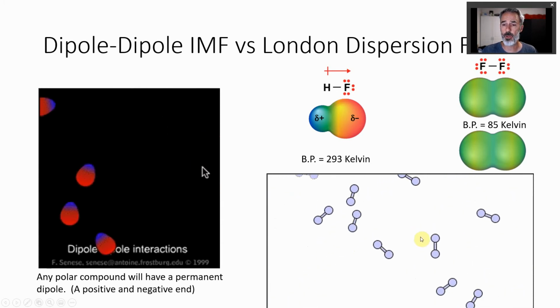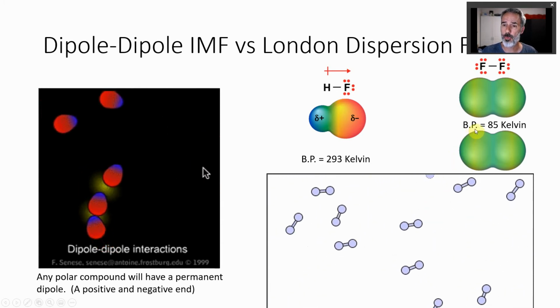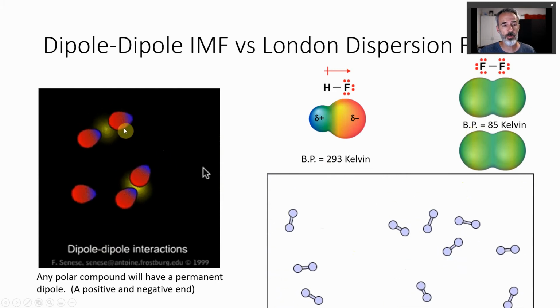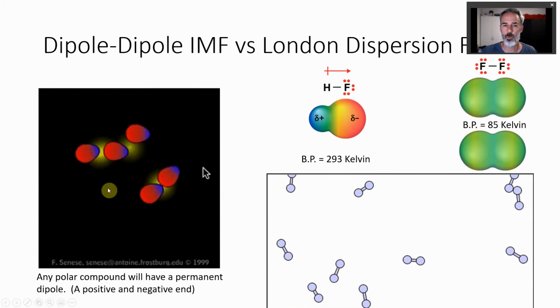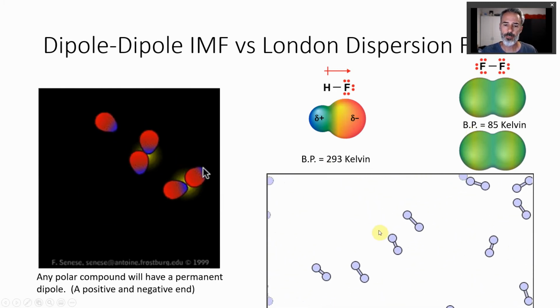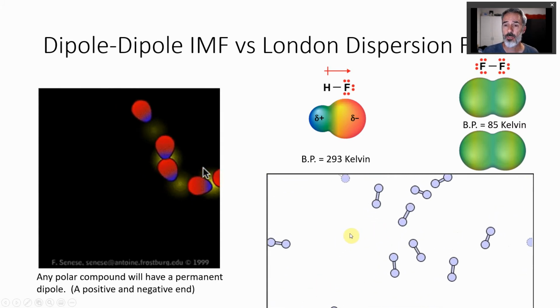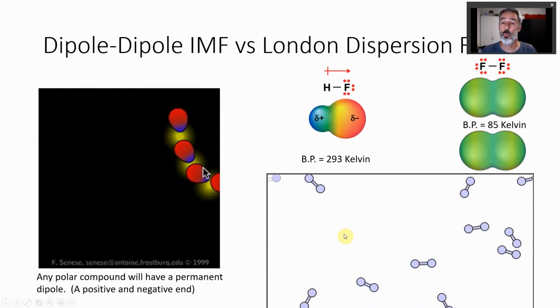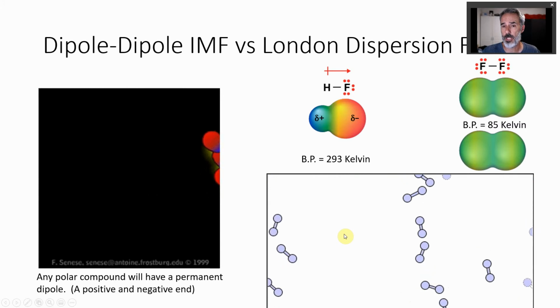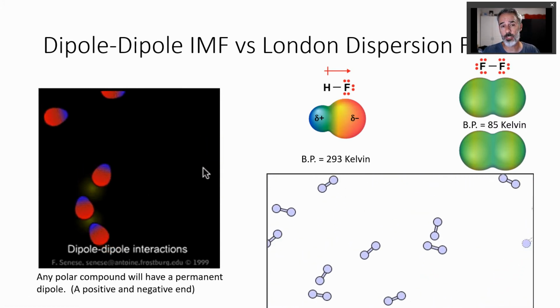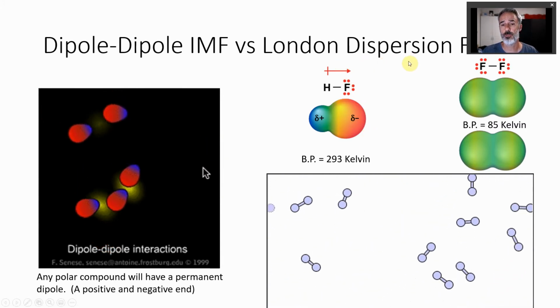They're just randomly bouncing around, yet it has a boiling point. They must be able to do some sort of attraction, like the dipole-dipoles do. This can't be accurate. So how is that possible? Well, it's because they do have an attraction. It's a very weak attraction, and it's called a London dispersion force.